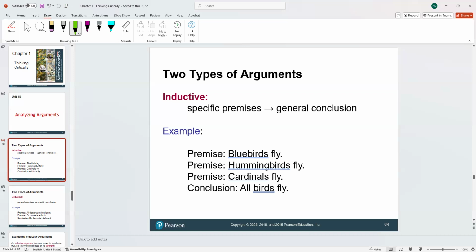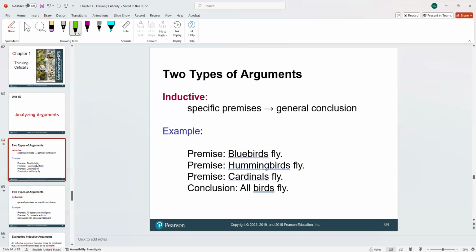If you throw a rock in the air, it's going to come back as well. If you throw a ball, either a soccer ball or a football, in the air, it's going to come back down. So we can conclude that what goes up must come down.